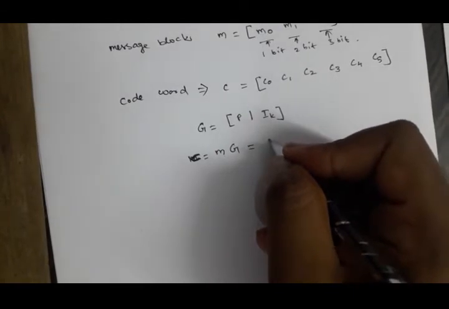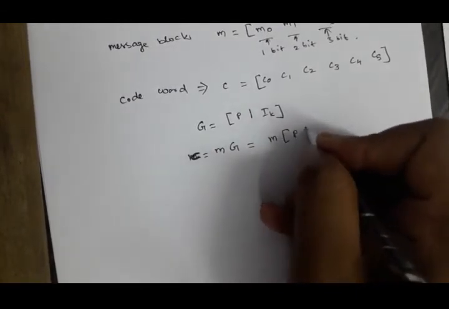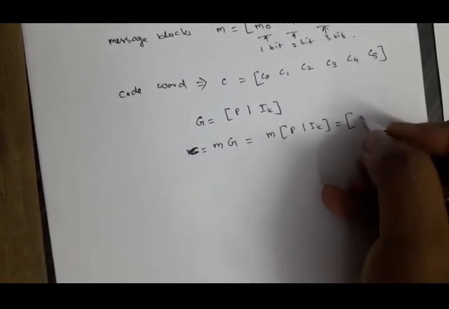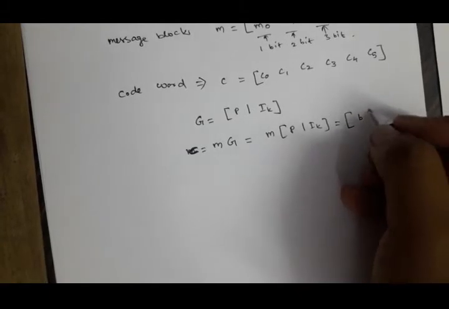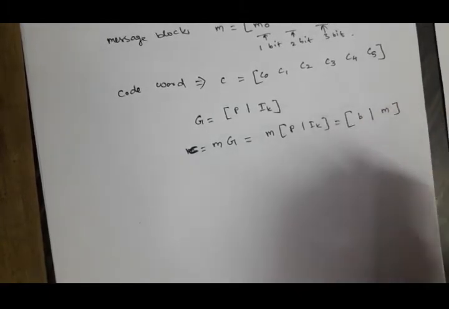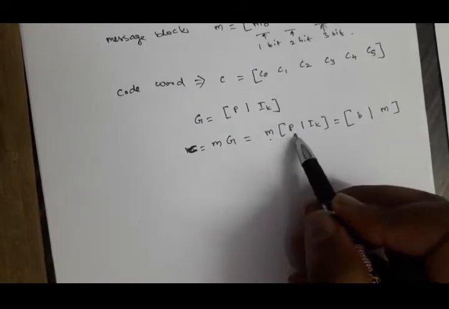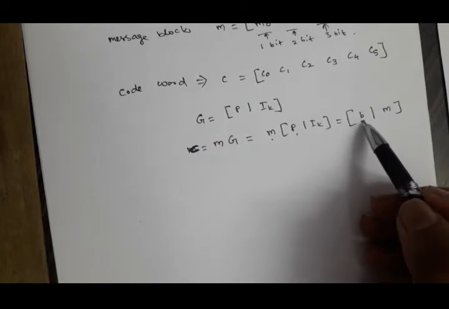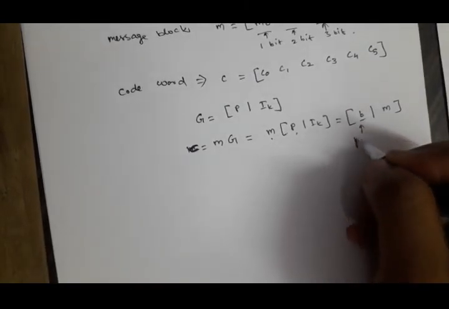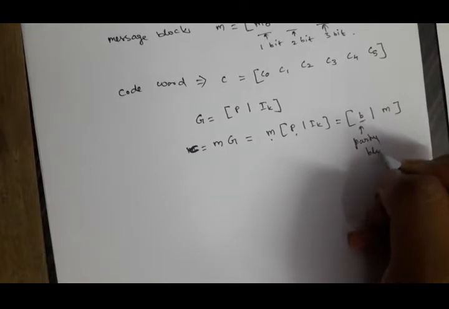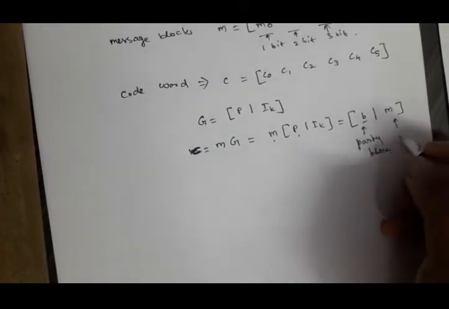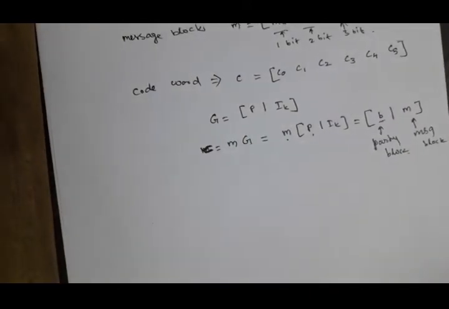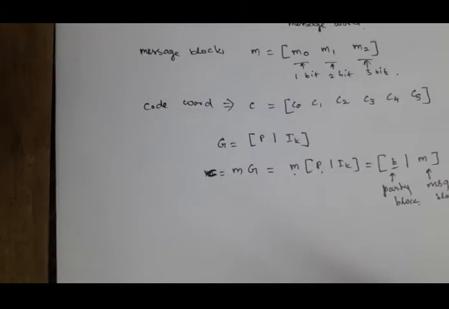So we can write it as the combination of parity and identity matrix, so that we can write this as the combination of parity block as well as the message block. The product of M and P will result in the parity block. This is called the parity block, and this M is known as the message block. The combination of the parity block and the message block is the code word.